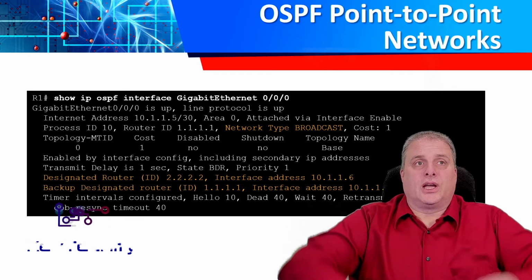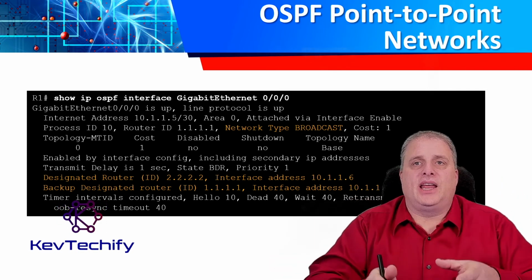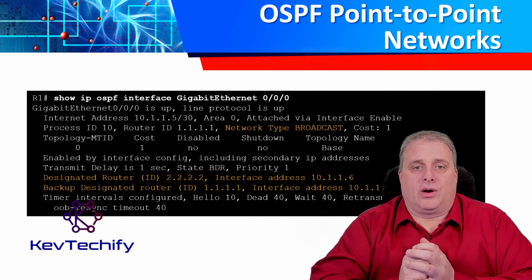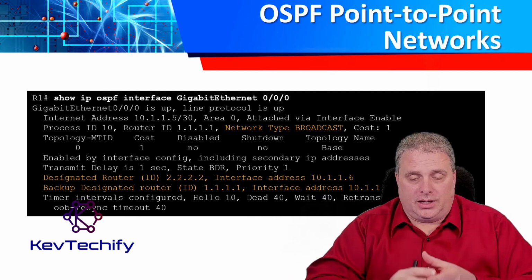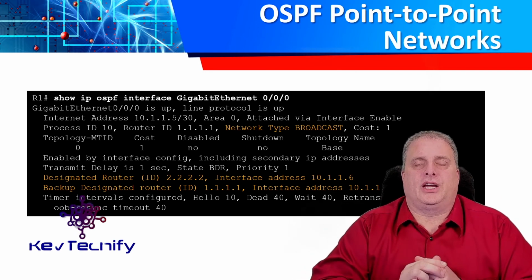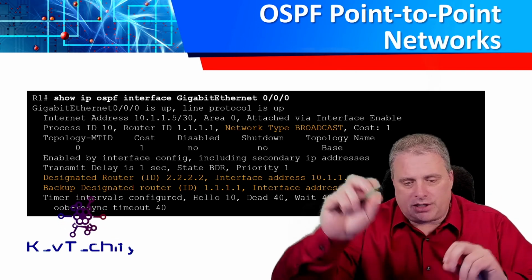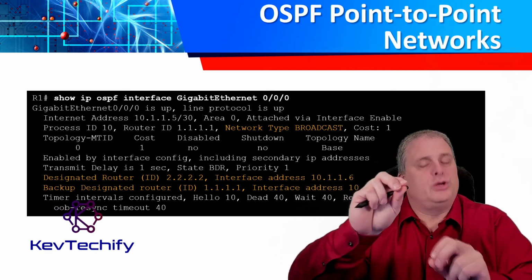By default, routers elect a DR and a BDR, a designated router and a backup designated router, on OSPF Ethernet networks. Even if there's just 2 devices on a point-to-point connection, take that point-to-point connection from our example between R1 and R2. There is just 2 devices.